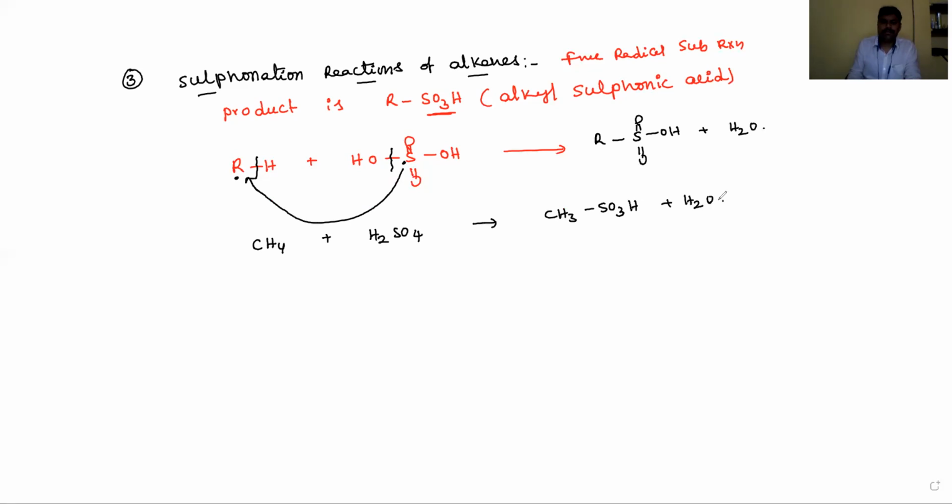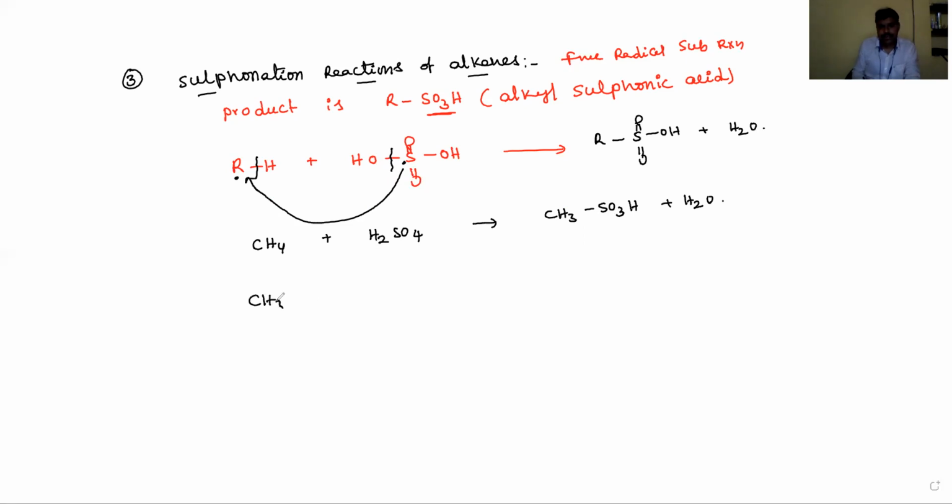Okay, now if you want to produce alkyl sulfonic acid, the alternative method is to treat alkyl halides with sodium sulfite, and you will get alkyl sulfonic acid. That reaction is known as Strecker's reaction.